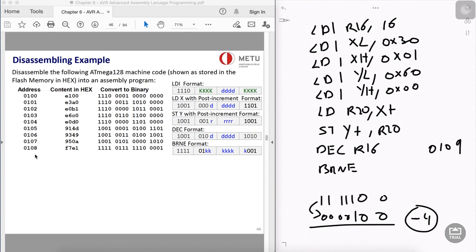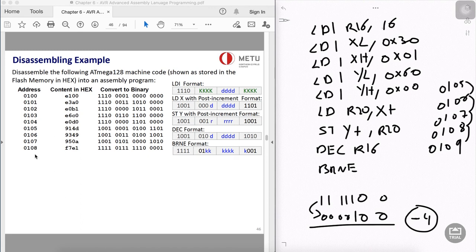So that's going to be 108, 107, 106, and it means that we ended up, one, two, three, 4.